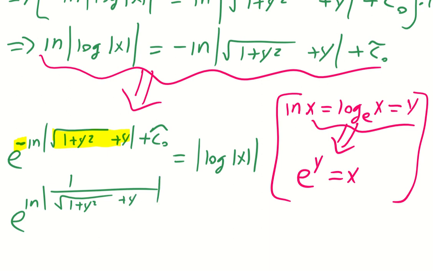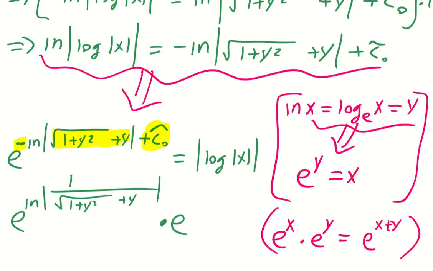Also, note that we have this c naught tilde. Okay, so this brings to mind another property of exponents. For example, if we have e to the x power times e to the y power, that's just e to the x plus y power. And so we can say this is times e to the c naught tilde power. And then we have the right-hand side remaining the same.